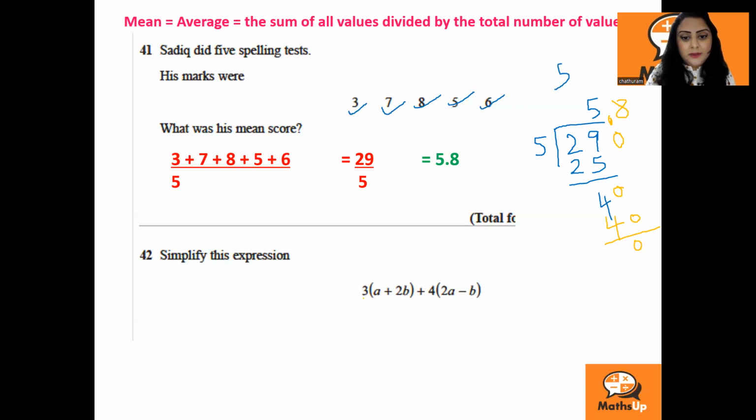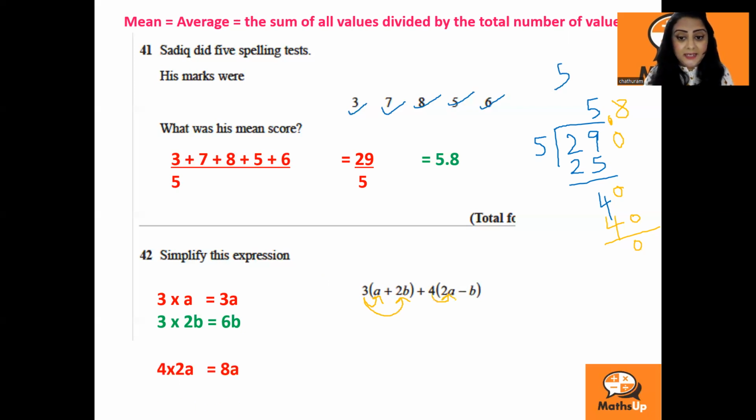First, you have to multiply 3 times a, that is 3a. Then 3 times 2b, that is 6b. Then you have to multiply 4 times 2a, that is 8a. Then 4 times minus b.